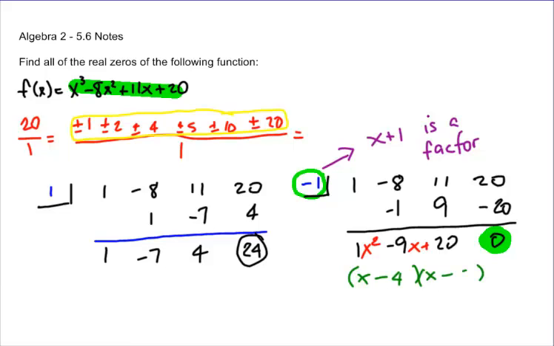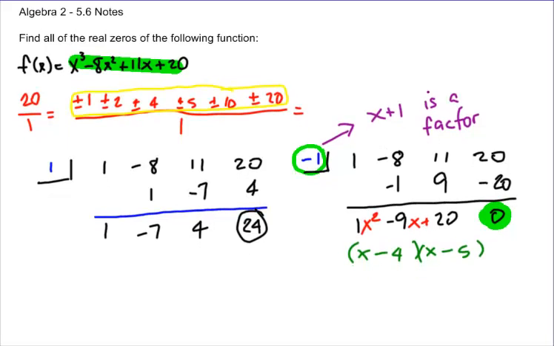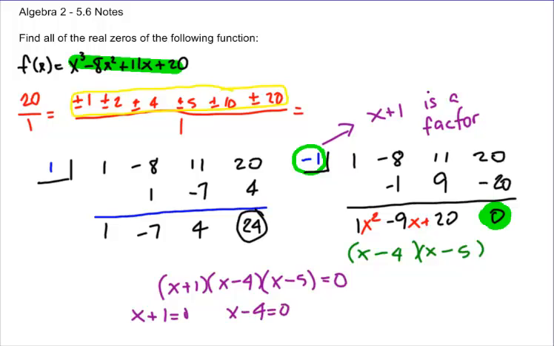It would be minus 4 and minus 5. So the factors of my problem are x plus 1, x minus 4, and x minus 5. I set all of those equal to 0, so I get x plus 1 equals 0, x minus 4 equals 0, and x minus 5 equals 0. So x equals negative 1, 4, and 5.